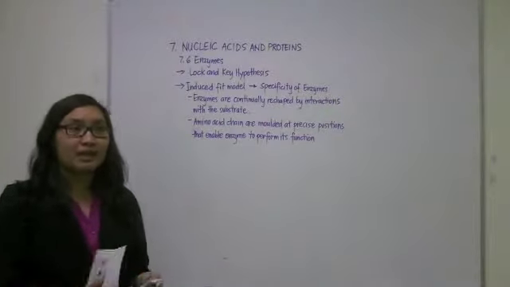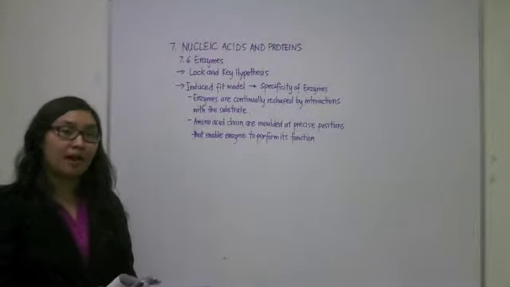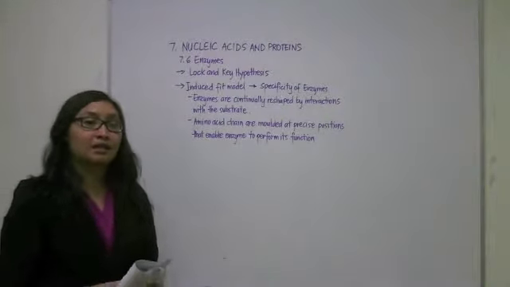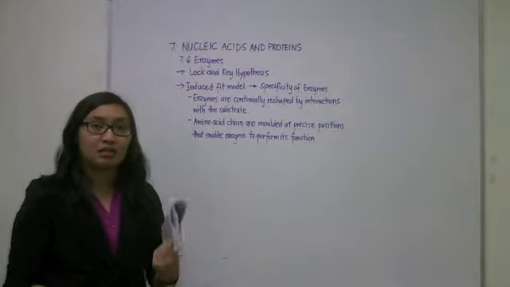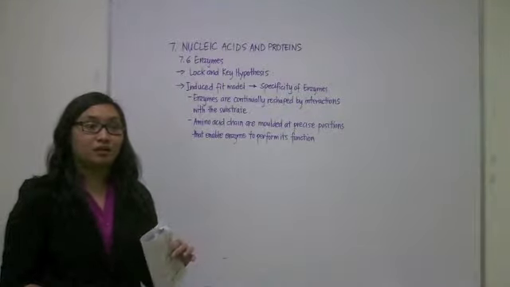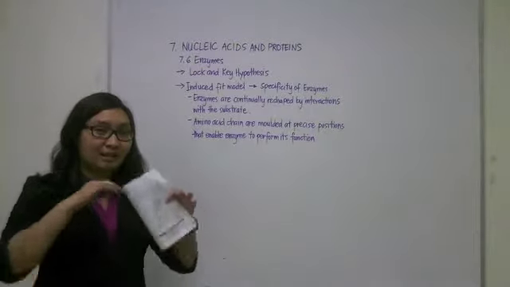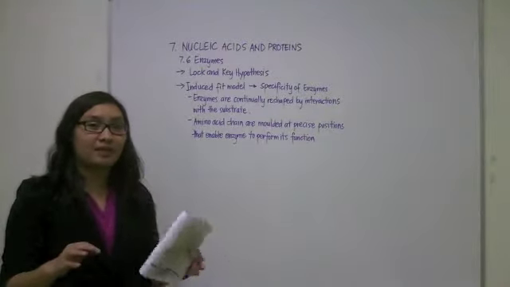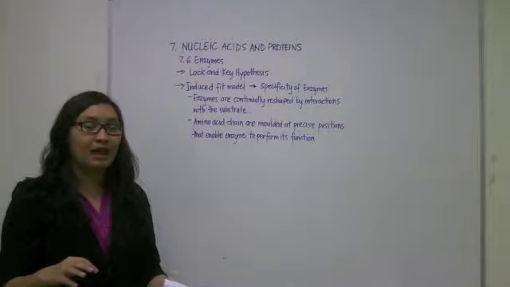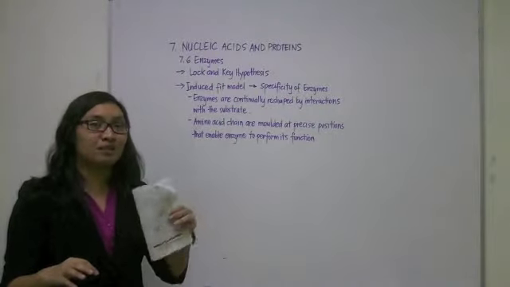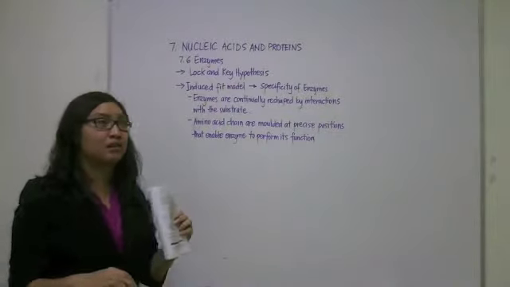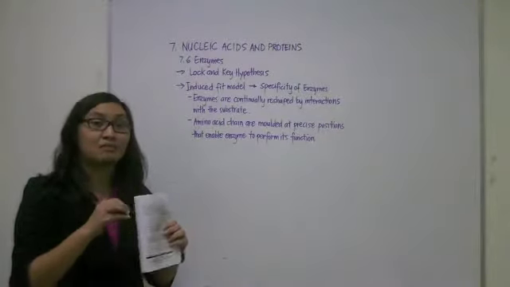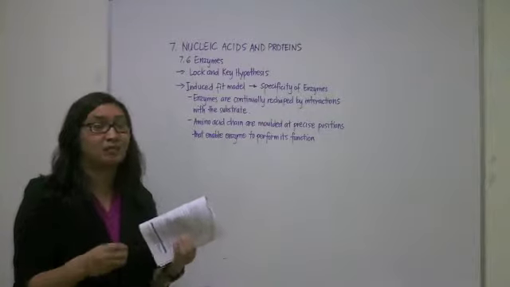And active sites have specific amino acid residue groups that match with the substrate, which enables it to be changed into a product. So this identifies the specificity of an enzyme: an enzyme works on a specific substrate because of the amino acid residues that match together between the enzyme and the substrate.